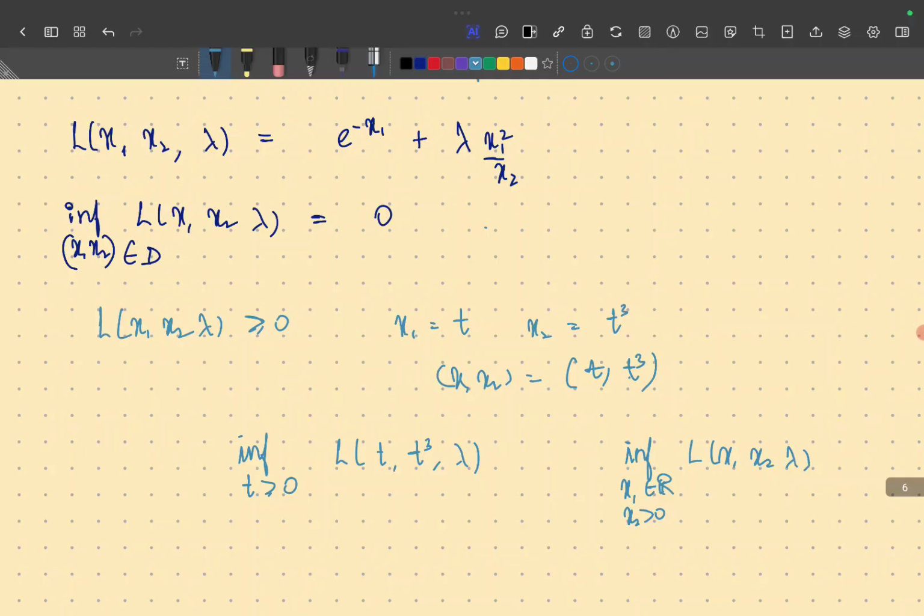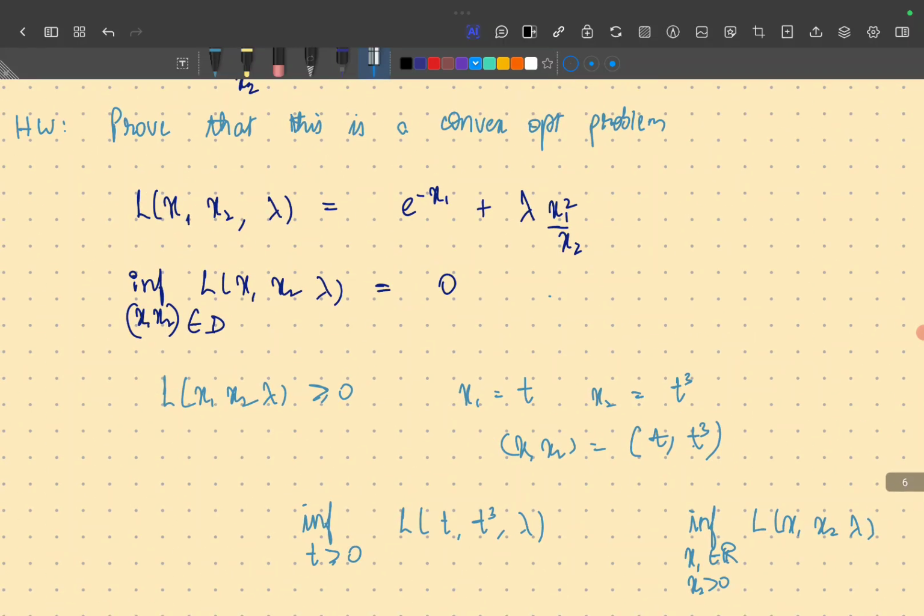Is the Lagrangian being positive or 0 a claim? L x1 x2 lambda is greater than or equal to 0? In this case, do you see that it's true?